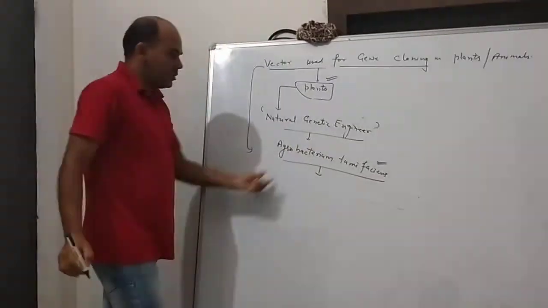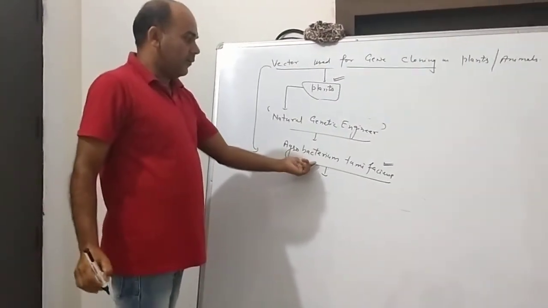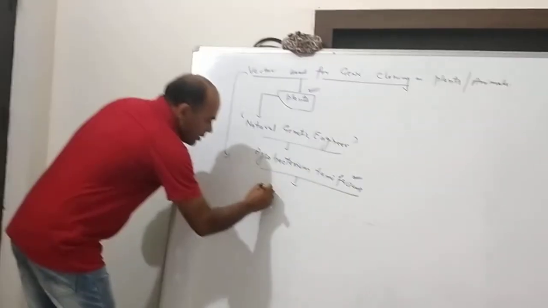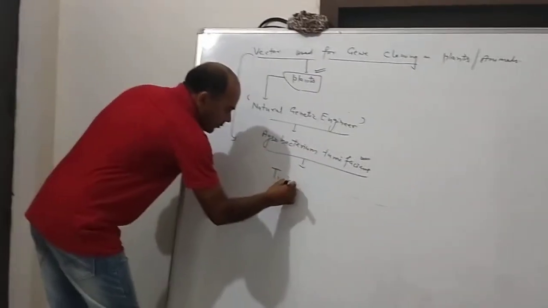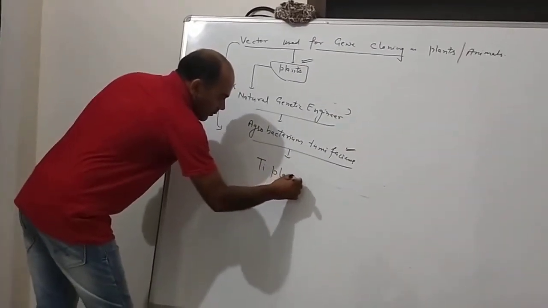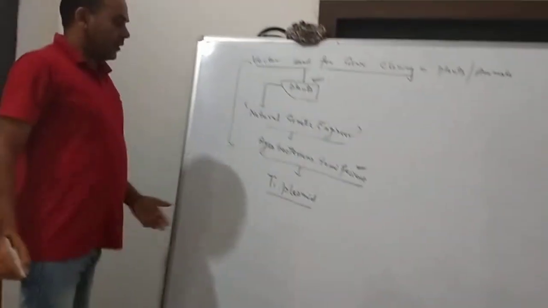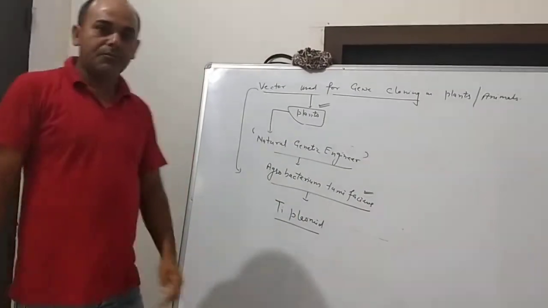The plasmid which is found in Agrobacterium tumefaciens is known as the Ti plasmid. Again, very important question: what is the full form of Ti plasmid?